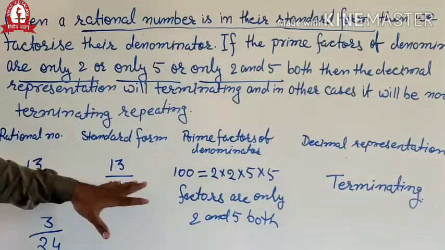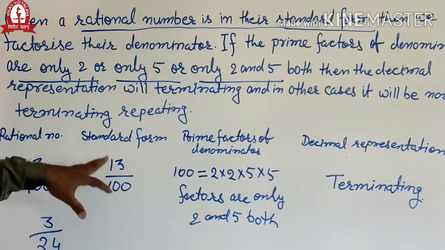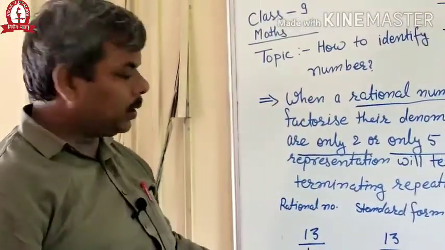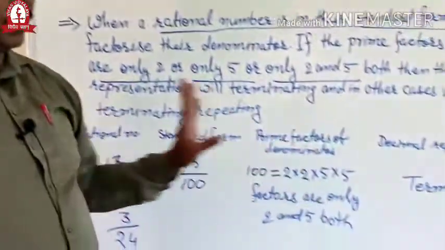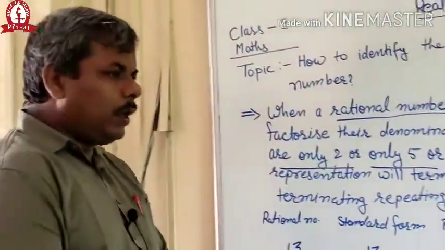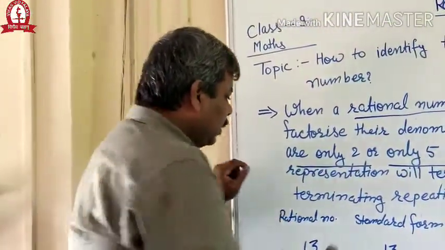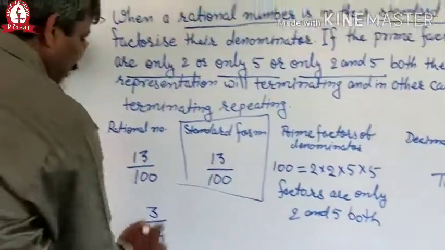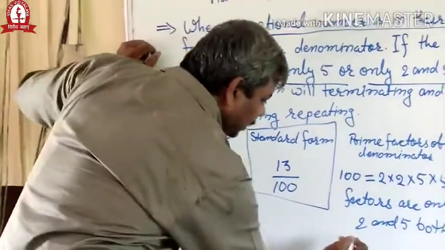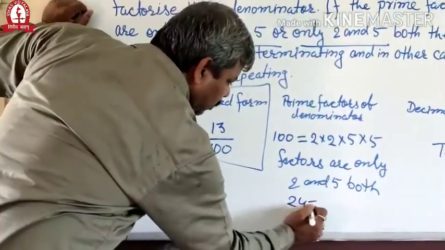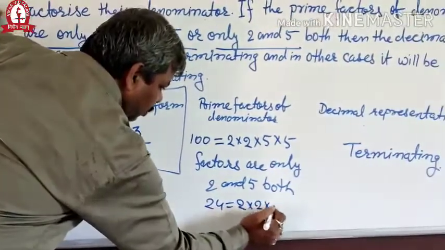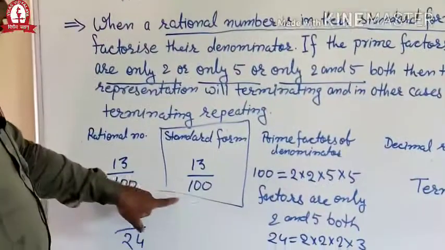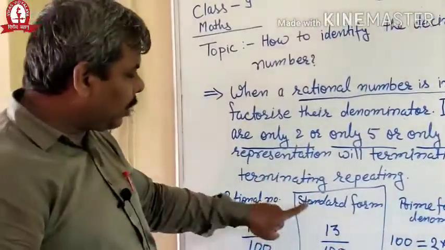In these three examples, the standard form was equal to the rational number, so we factorized the denominator. Generally, we forget this step. 24 equals 2 into 2 into 2 into 3. We forget this step in excitement, so be careful about it.